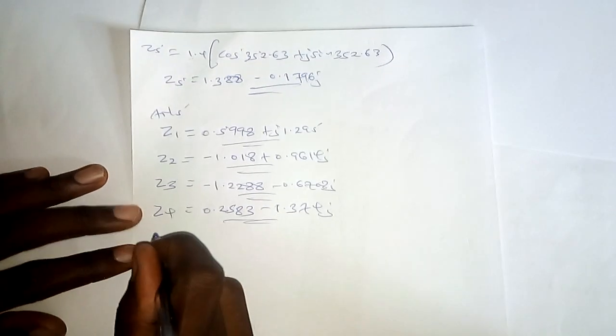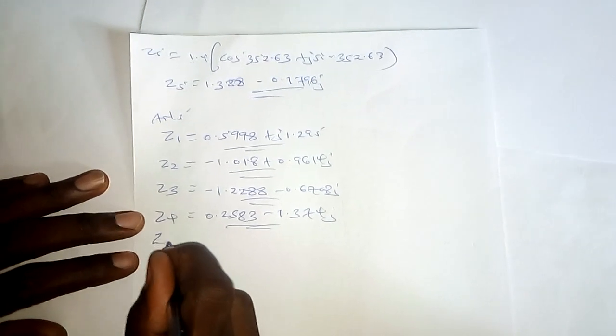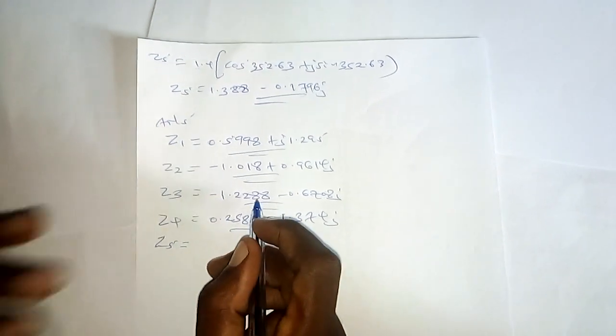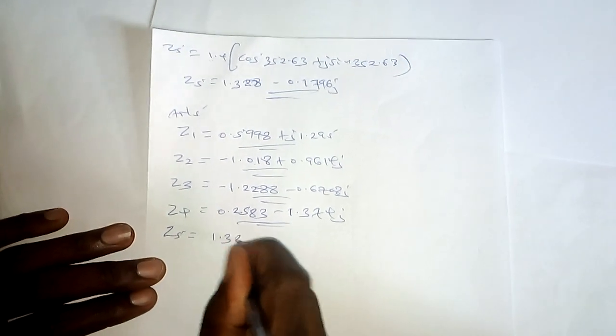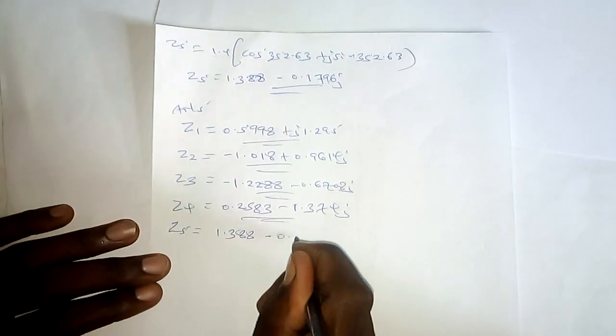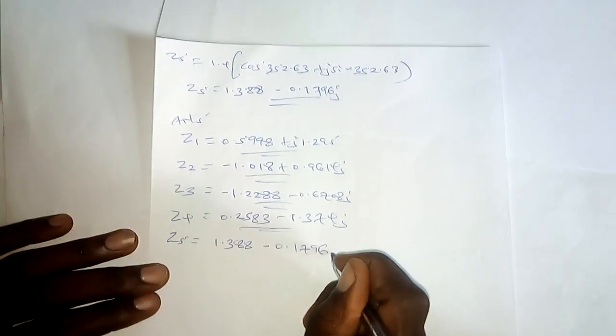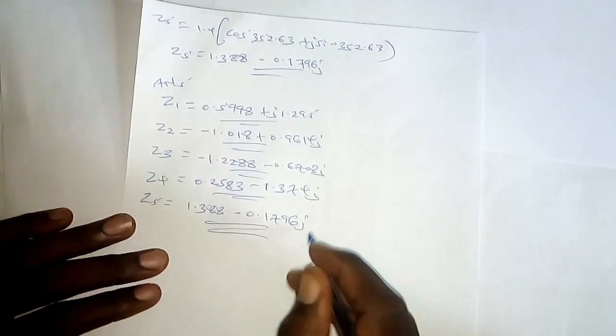And lastly, z5 is 1.388 minus 0.1796j, and that is your answer.